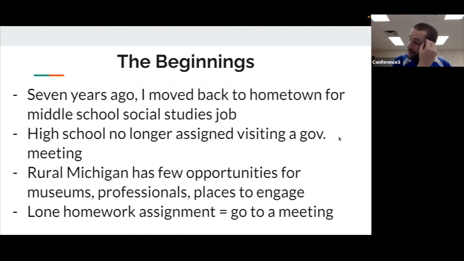So the beginnings, a great spot to start. 7 years ago, I moved back to Harrison. That's where I graduated from. That's where I was raised, and that's where I've been working for the last 7 years at my fantastic social studies job. I've been working in a great building with great admins and great staff and even some great kids. So when I returned, I remembered one thing that I thought I would like to emulate was a government meeting.